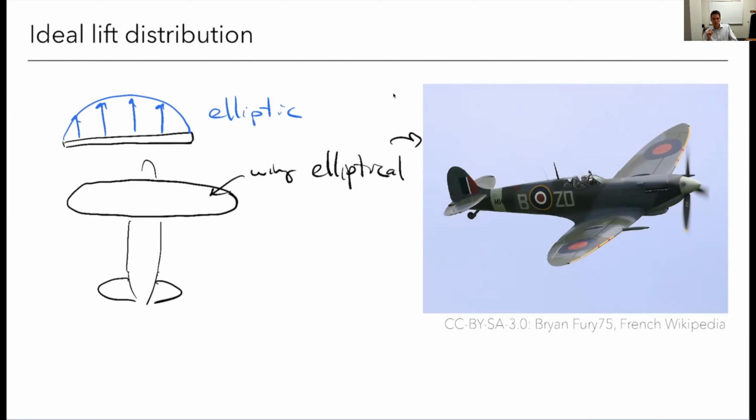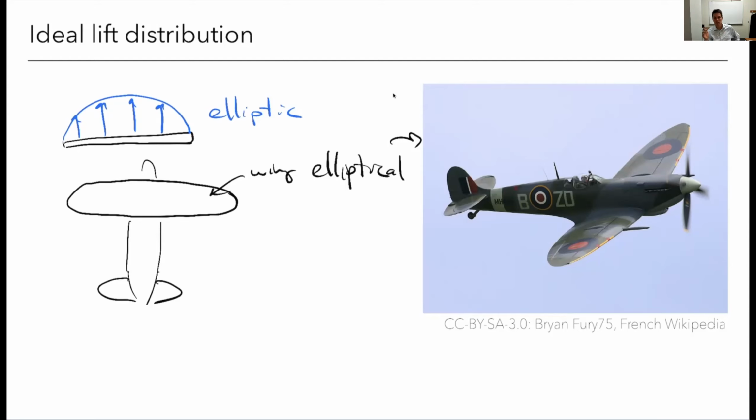The reason why we don't do this anymore is because if we twist the wing, we can actually create any lift distribution we want. You can give me any shape of the wing. It can be a rectangle, it could be trapezoidal, it could be some complex, whatever shape you want. We just change the twist until we get the lift distribution we want. So it's decoupled. The shape does not determine lift distribution.